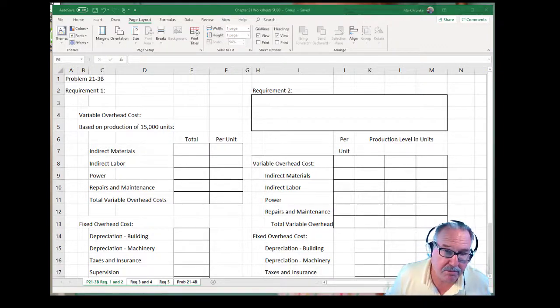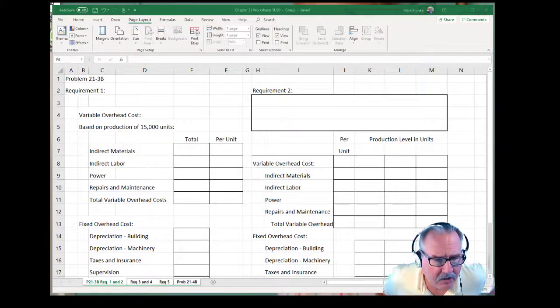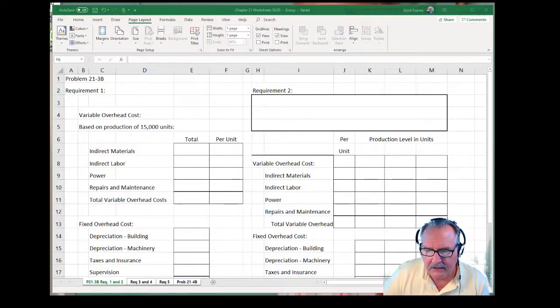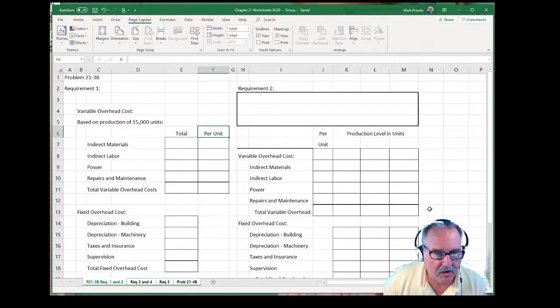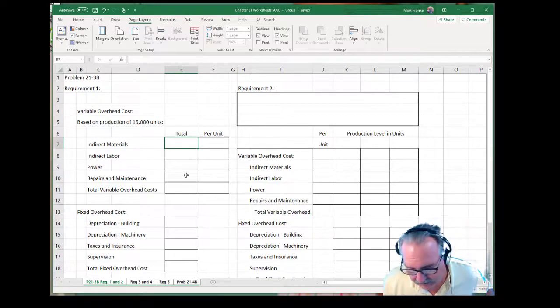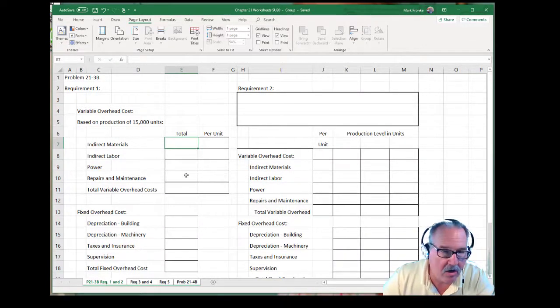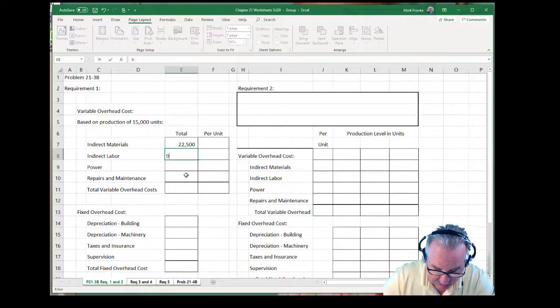So this first problem, 21-3B, the first thing we need to always do is separate out the fixed cost and the variable cost. So we're going to do that first. And they gave us some numbers based on production levels, 15,000 units. So we spent 22,500 on indirect materials, 90,000 on indirect labor.